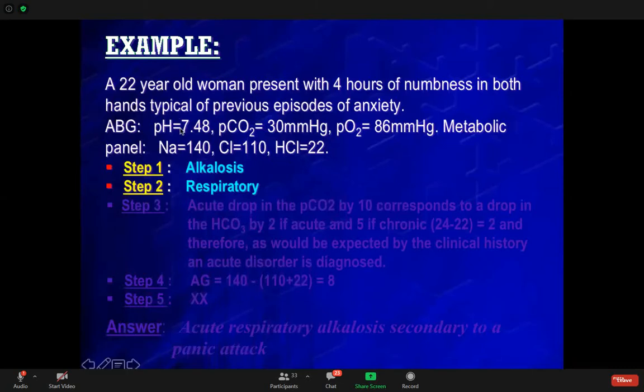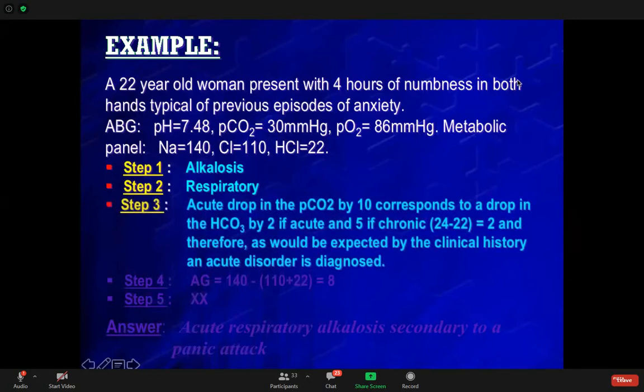So it's respiratory because the pH goes up and your partial PCO2 goes down, so they go in opposite directions. So the compensation, as we said: every 10 decrease in PCO2, we expect the bicarb to decrease by 2 in acute and 5 in chronic. So there's a 10 drop, so you expect the bicarb to be lower by 2, right?